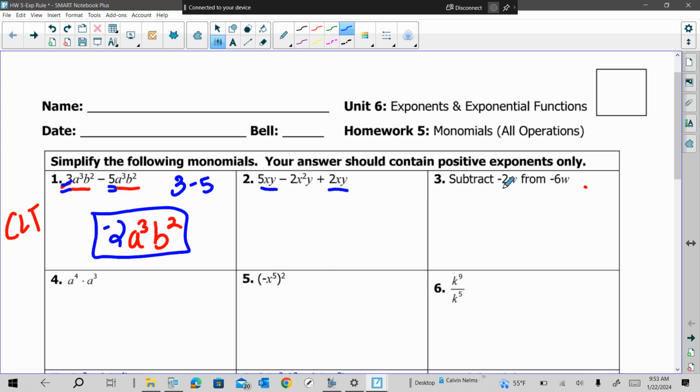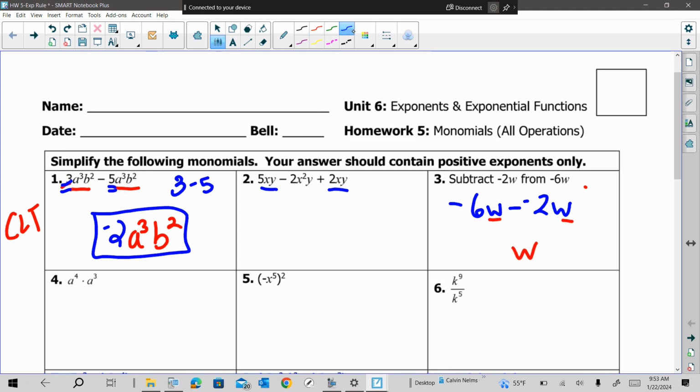So we're subtracting a negative 2w from a negative 6w. So negative 6w minus negative 2w. The w is the variable, it stays.